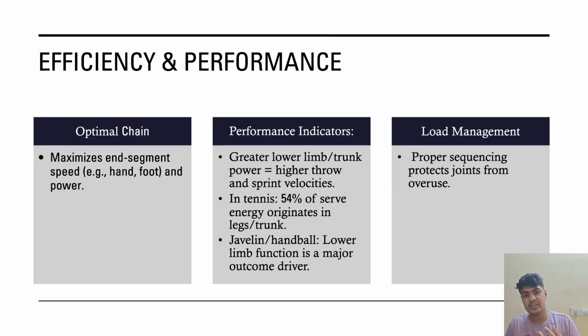So the force should be transmitted from the support limb to the other limb. You have to optimize this, making sure that the fascia, the joints and the muscles are at the optimal level, be it the tension or the strength to produce that movement. Performance indicators: greater lower limb or trunk power increases throw and sprint velocities.